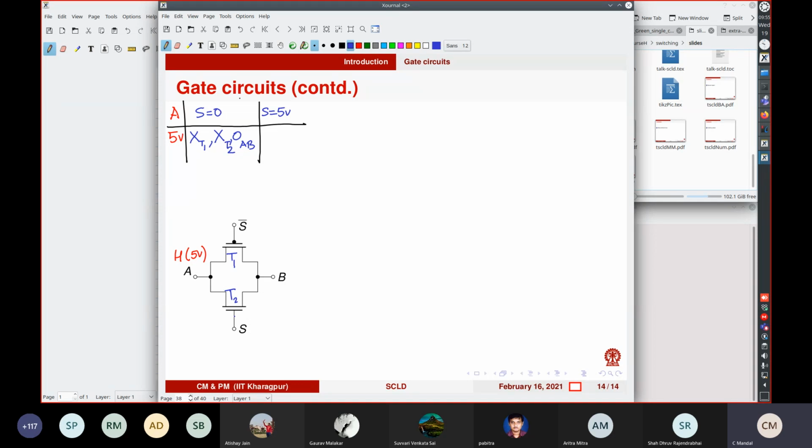Excuse me, sir. When S is 0, the terminal T2 should have a channel. Why? When S is 0, let us see, A is at 5 volts, right? Yes, sir. So this is at 5 volts, S is 0, so this is at 0 volts.